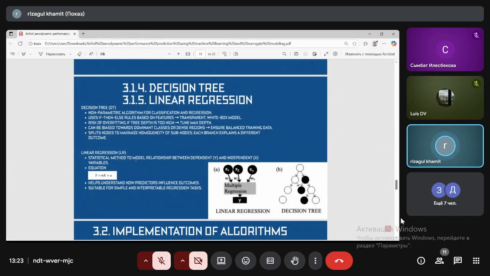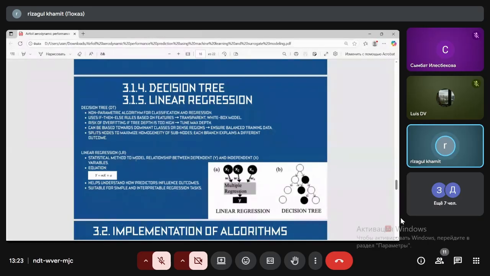Decision tree models are versatile non-parametric algorithms suitable for both classification and regression tasks. These models tackle these tasks by acquiring straightforward rules, if-then-else decisions, based on the available features.